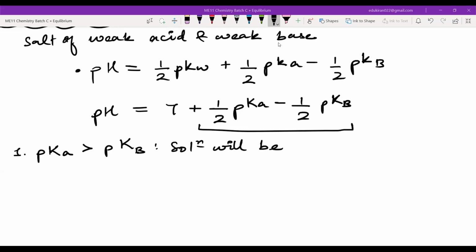Positive. That means we are adding something to 7, yes or no? If we are adding something to 7, then the solution will be alkaline, basic, right?